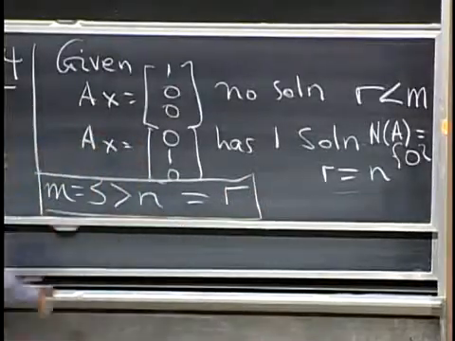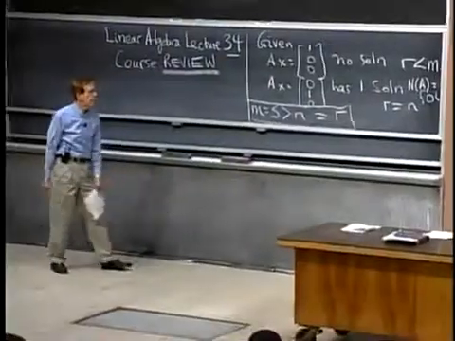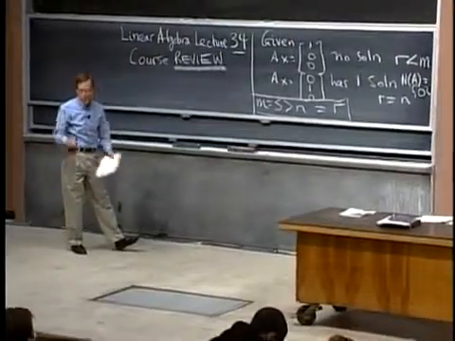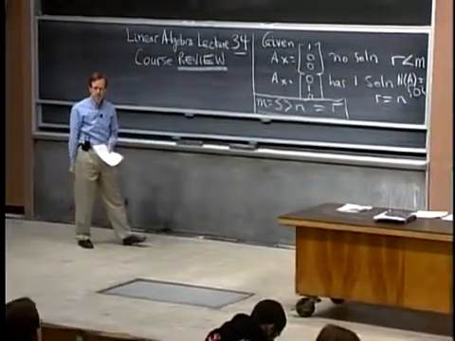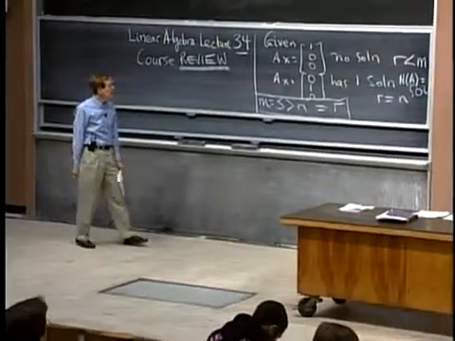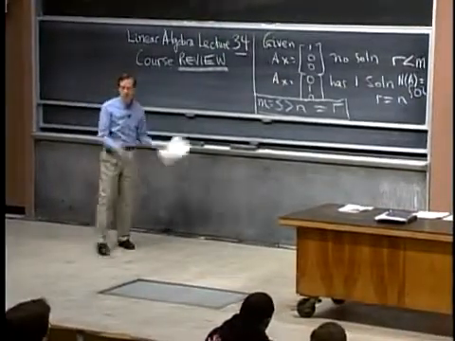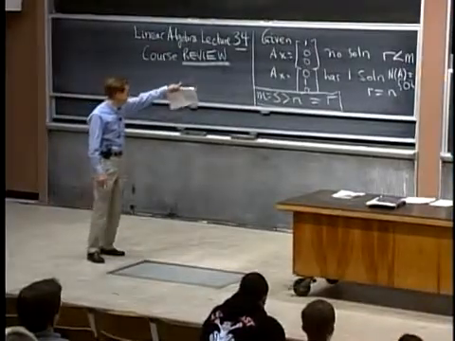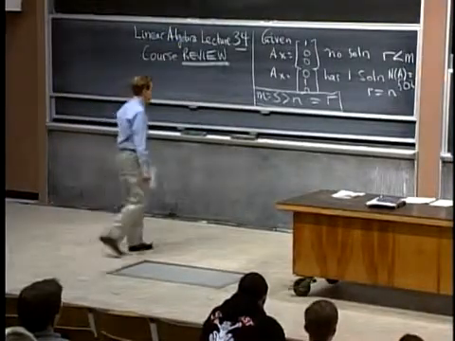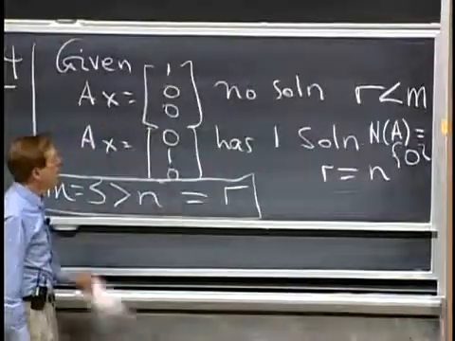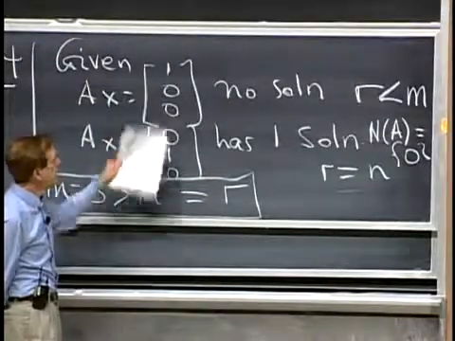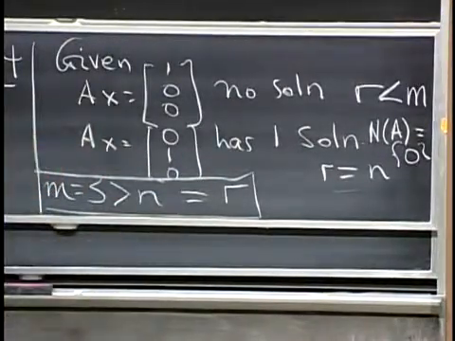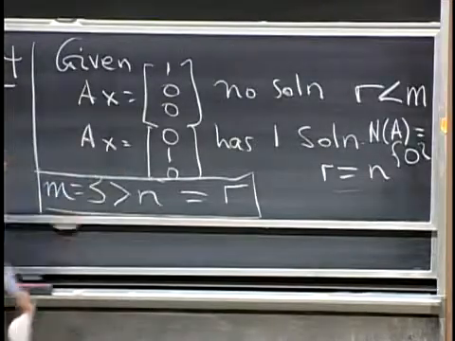In fact, why not give me a matrix, because I would often ask for an example of such a matrix. Can you give me a matrix A that's an example that shows this possibility? Exactly that. There's no solution with that right-hand side, but there's exactly one solution with this right-hand side.